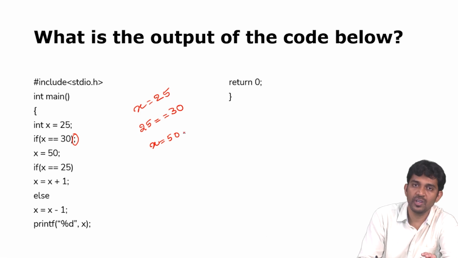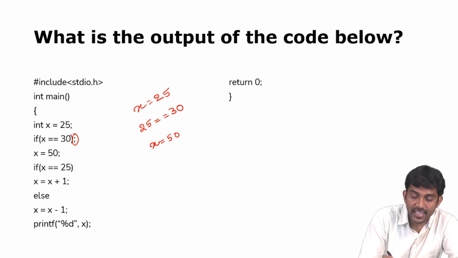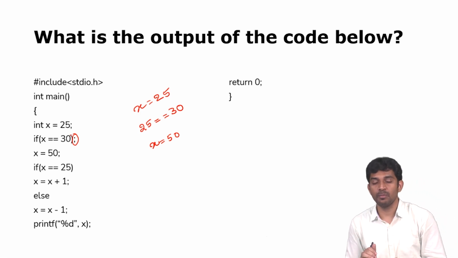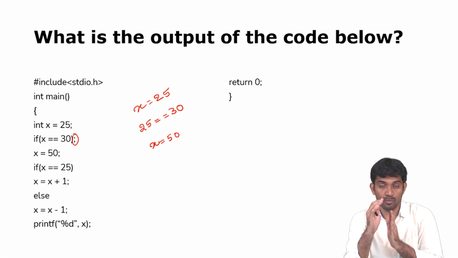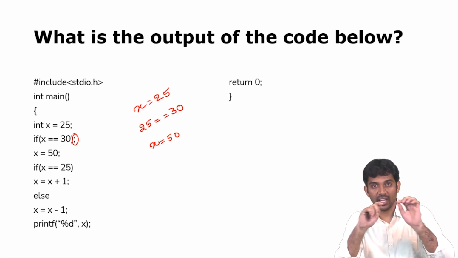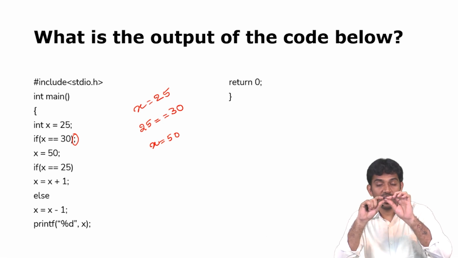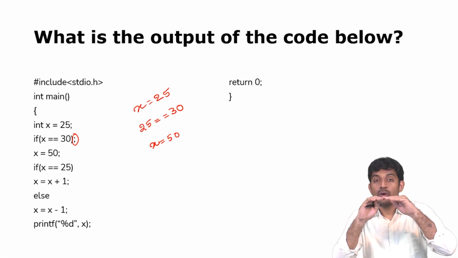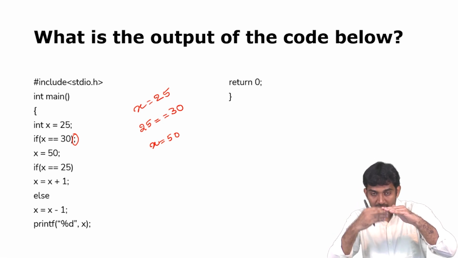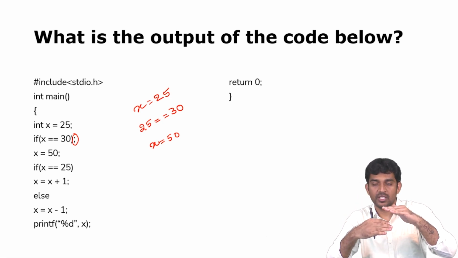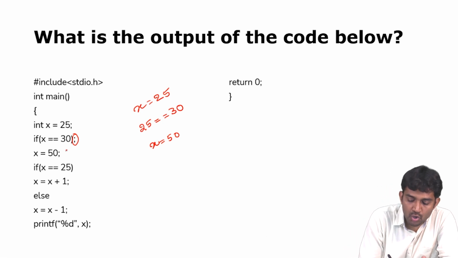Most of the people are going to be confused on that particular point, because here they mention the semicolon. Please remember, if the semicolon is there at the end of a while loop or for loop or if condition, then the termination of the loop goes to that particular line only, right? The effect of the particular condition is not going to affect the subsequent statements. Here there is no effect of this one.